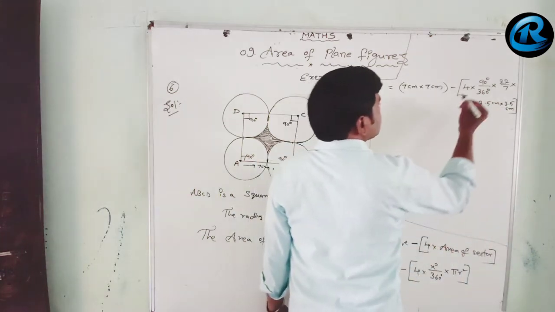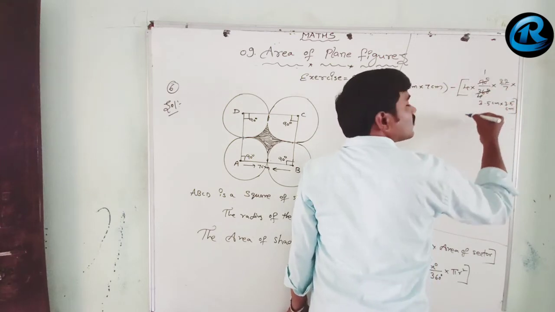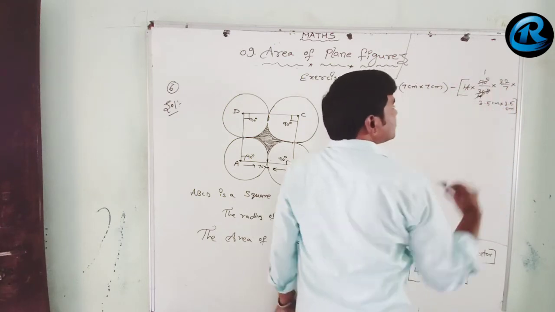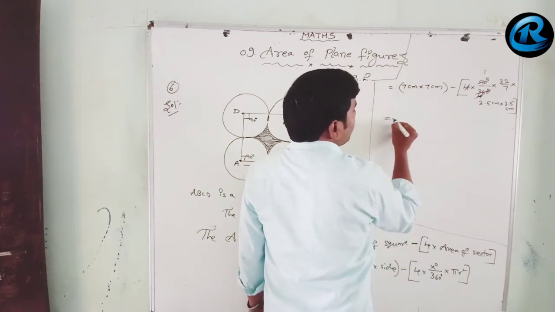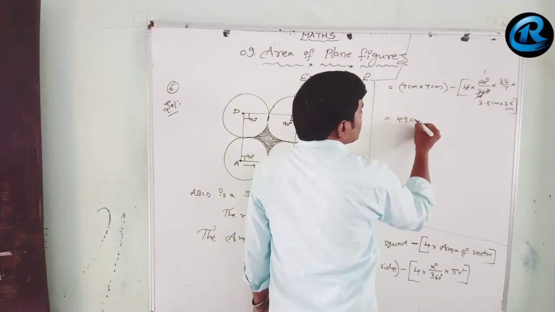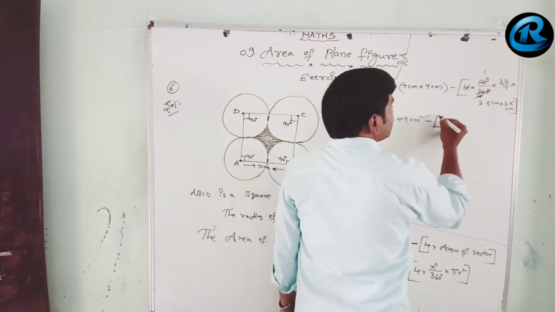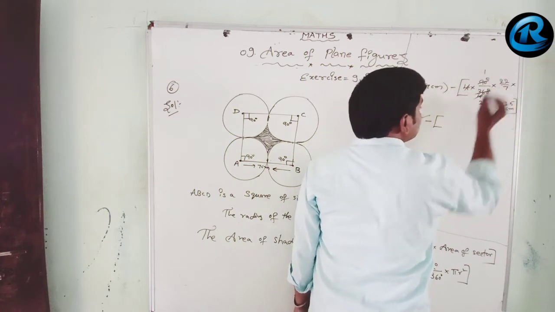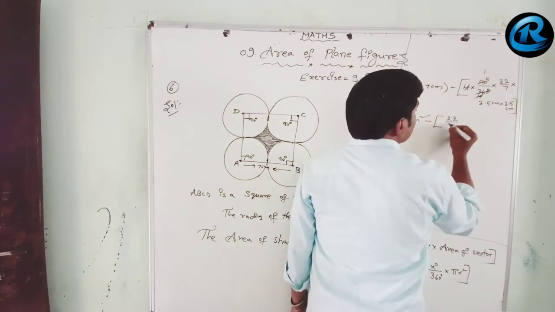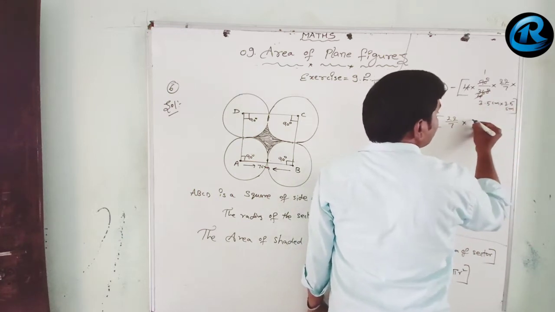Okay, what we do is see here. 90 ones are 90, 4 times 90 is 360, so 4 and 4 get cancelled. The remaining is 7 sevens are 49 centimeter square, minus; here also 4 and 4, 90 and 360 get cancelled. Leftover things are 22 by 7 into 3.5 into 3.5.